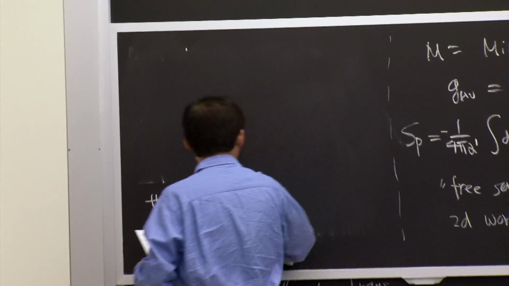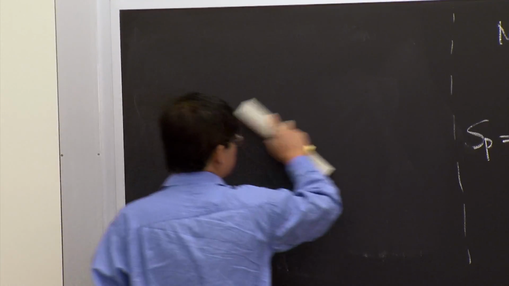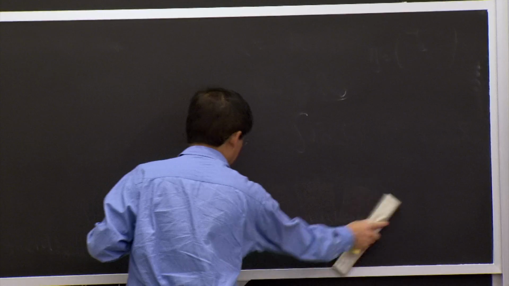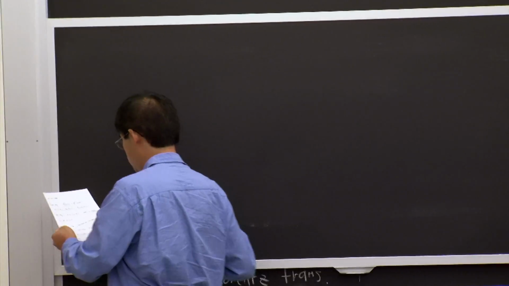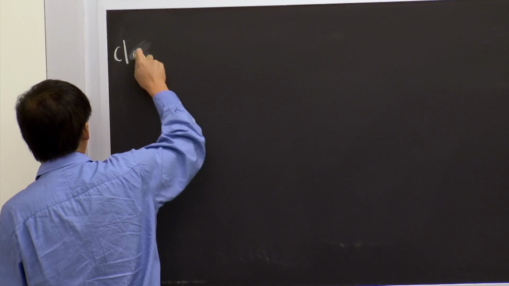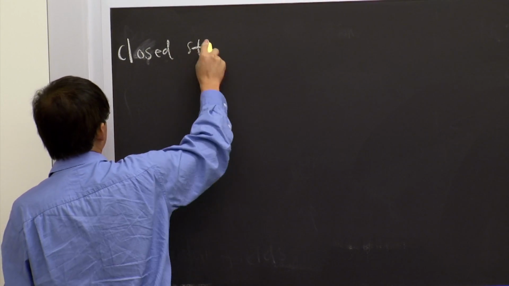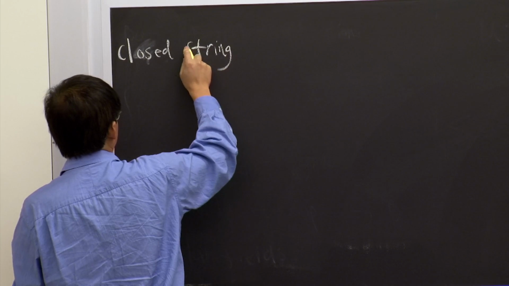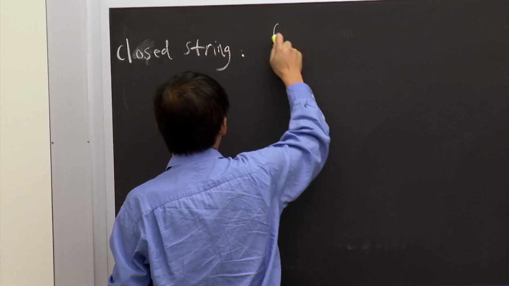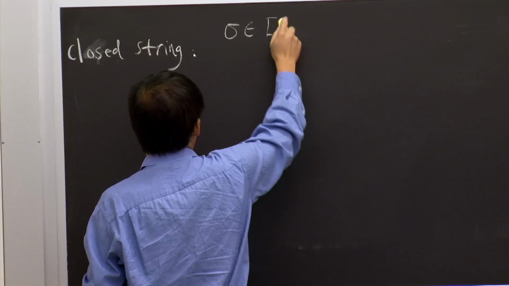So we will consider both closed and open strings. If you have a closed string, then by convention we always take sigma to go from 0 to 2 pi.